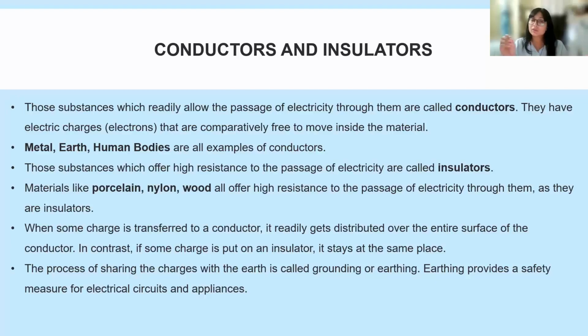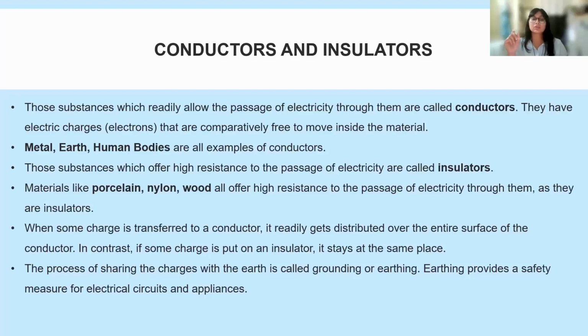These insulators will get charged, but the charges cannot travel through the material. They will stay located at one end only. Materials like porcelain, nylon, and wood offer high resistance to the passage of electricity.